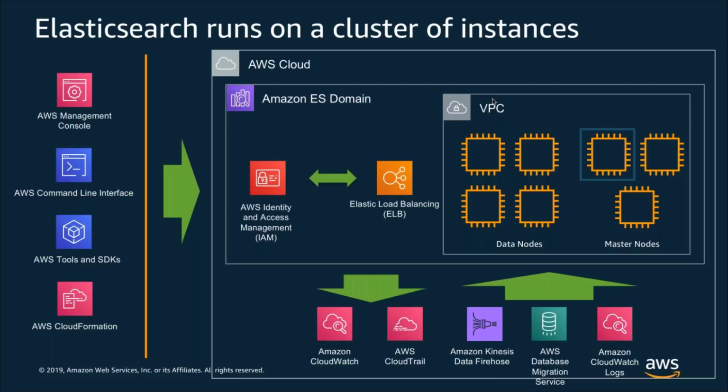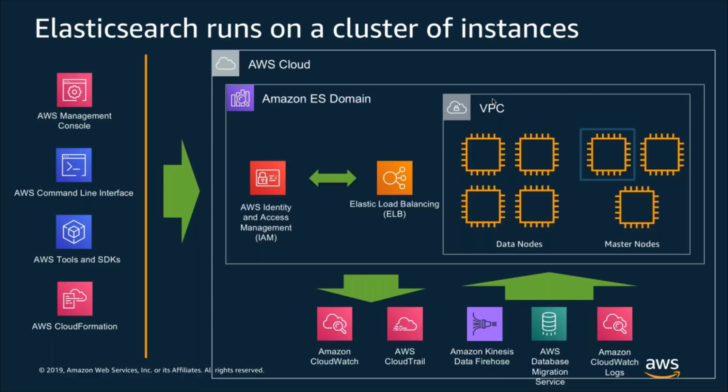We do have some integrations with other AWS services. So you can see we send data to CloudWatch and CloudTrail. We send metric data to CloudWatch. This allows you to monitor what the cluster is doing and monitor the performance and ensure that you have enough resources online to handle your workload. With CloudTrail, we send audit data about who modified the cluster, who created the cluster, those kinds of things.